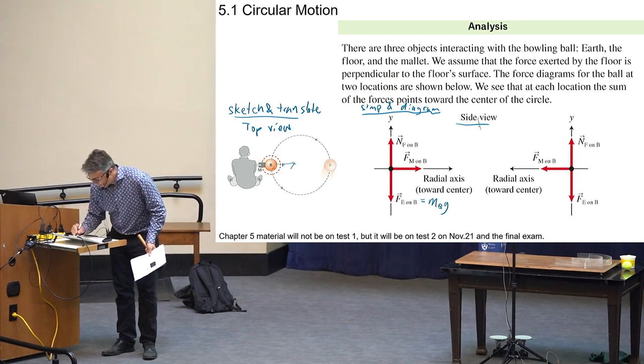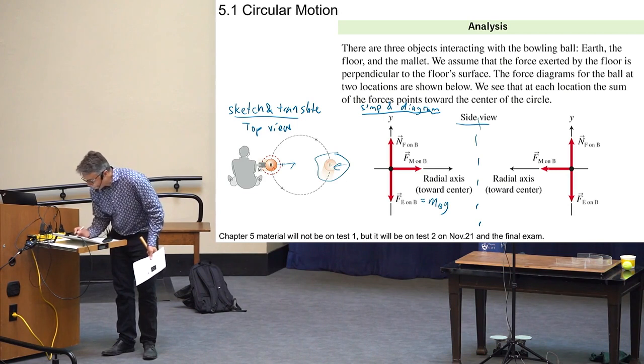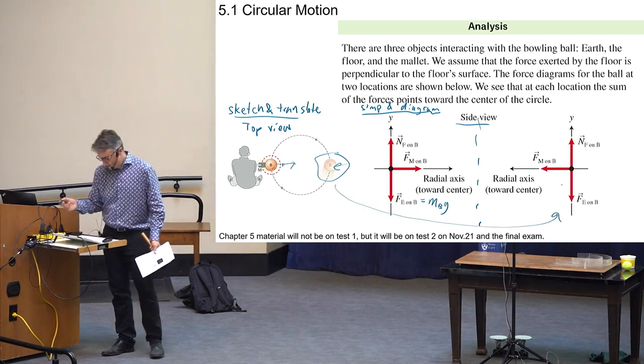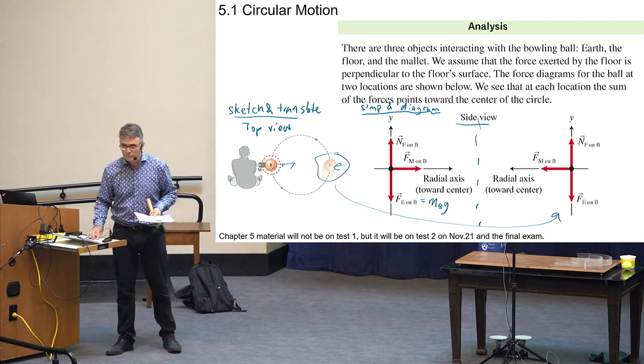And then there's another side view, where I'm actually hitting it on the other side. Now the force of the mallet's on the other side, but since the ball is way over here, that's this force diagram. Again, force of the mallet is towards the center of circular motion.